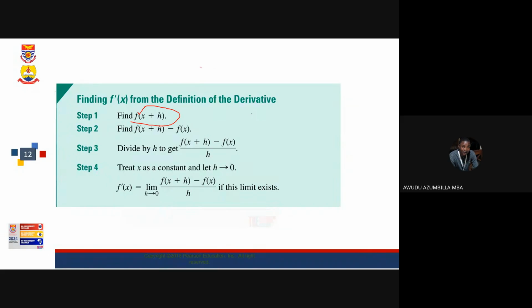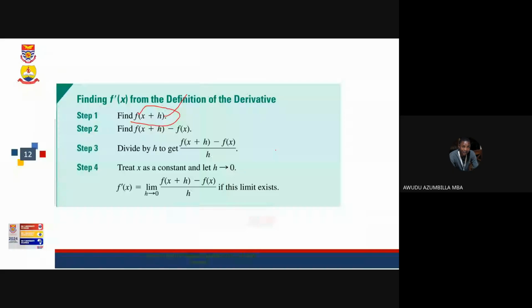Remember, the first thing in the formula was f of x plus h, so you need to find that one first. Then you find f of x plus h minus f of x, where f of x itself is the function. When you are able to find them separately, you subtract them and divide by h. Then you assume that h approaches 0. What will happen to the behavior of the function? It is going to be closer to the limit, closer to the tangent.